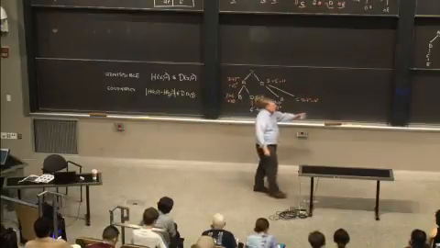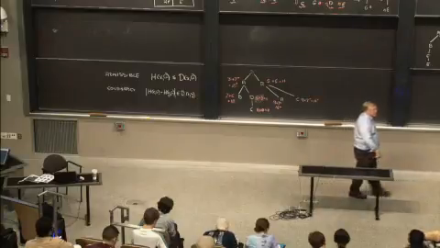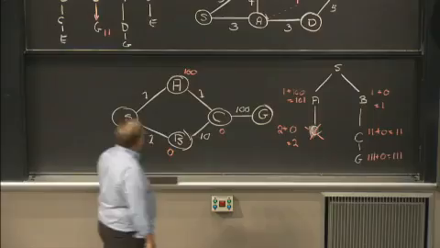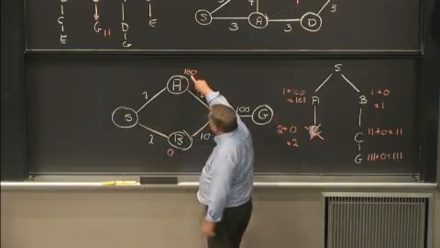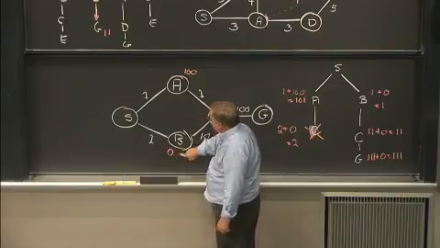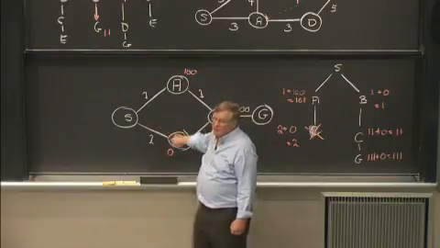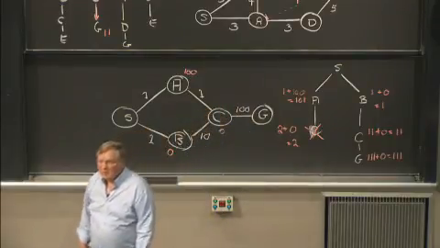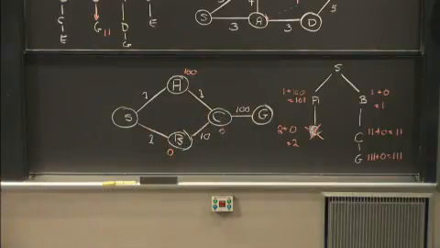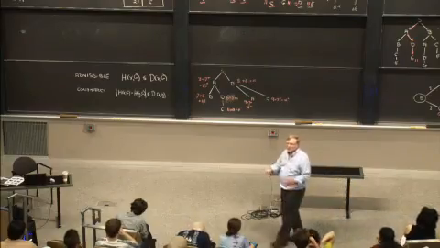So does this heuristic satisfy the consistency condition? Well, let's see. Here the guess is 100, here is 0, so the absolute difference is 100, but the actual distance is only 2. So it satisfies admissibility, but it doesn't satisfy consistency, and it doesn't work.